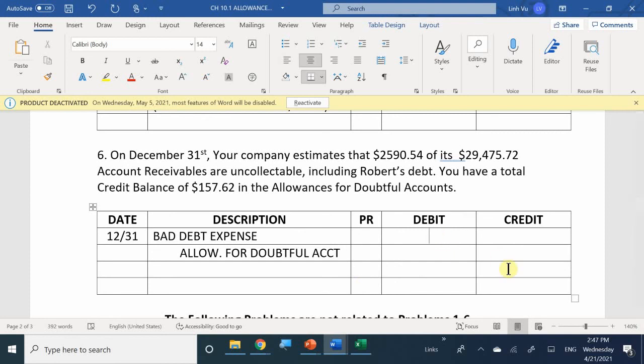Which is 2,432.92. Okay. So once again, here we're going to go ahead and just write off bad debt.